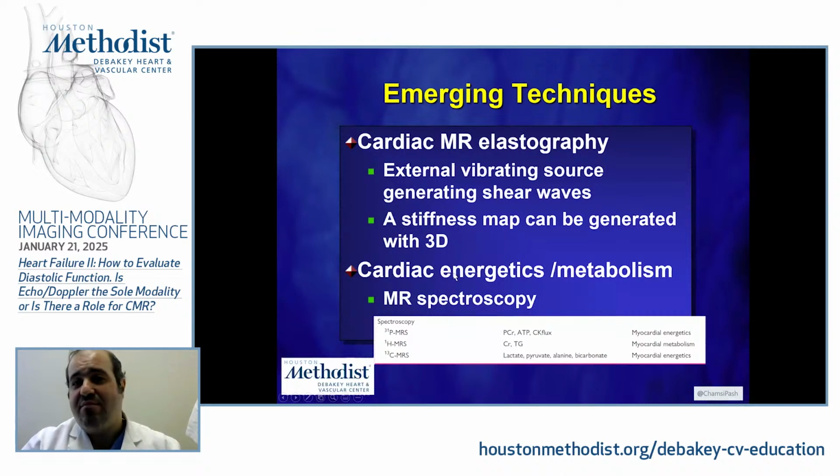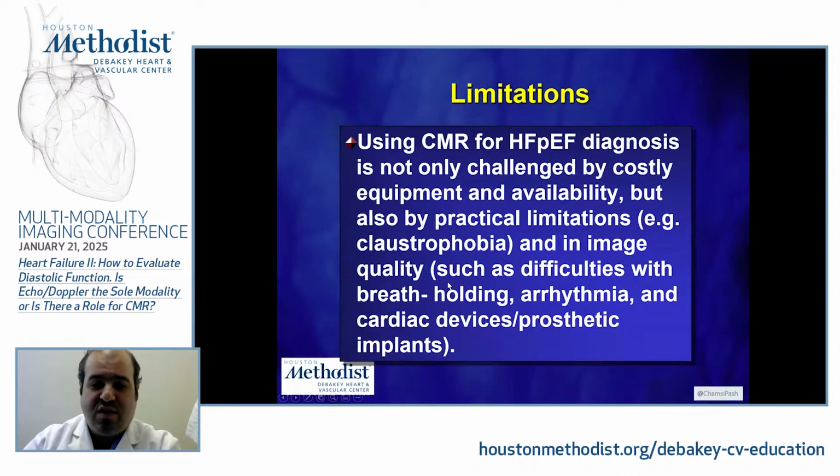There is also myocardial specific spectroscopy, which uses different agents to look at myocardial energetics and myocardial metabolism. Some use phosphorus, others use hydrogen, others use carbon. These are all the different agents that can be used in MR spectroscopy.